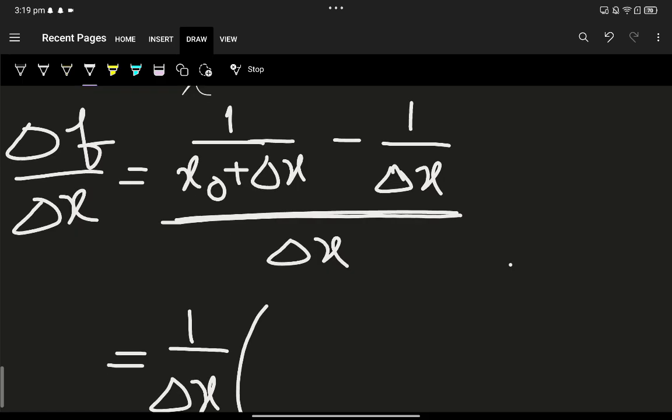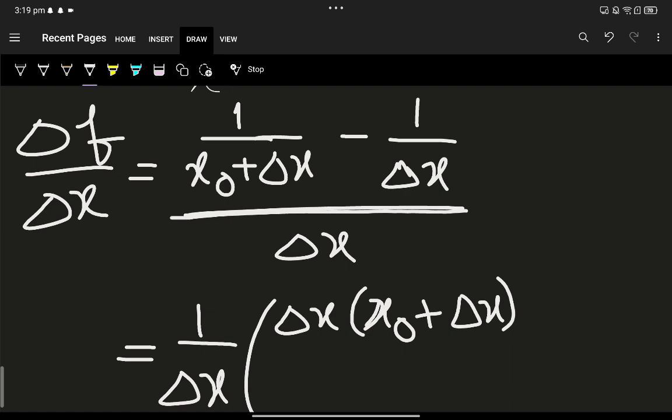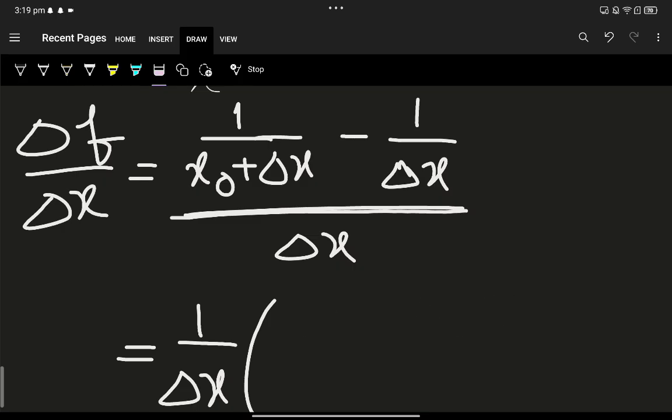So I can directly do that: delta x multiplied by x naught plus delta x in the brackets. We are basically multiplying the numerator of this with the denominator of that, and in the middle will be the sign. I hope you are understanding it.